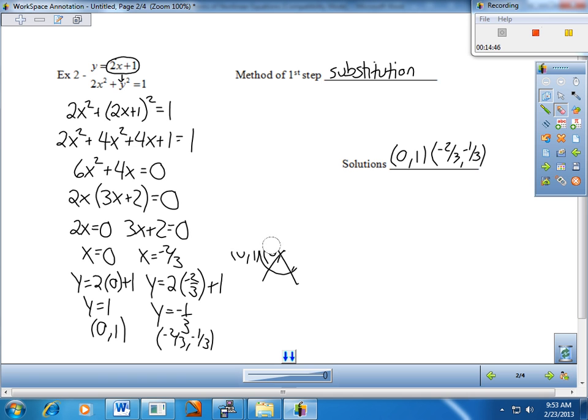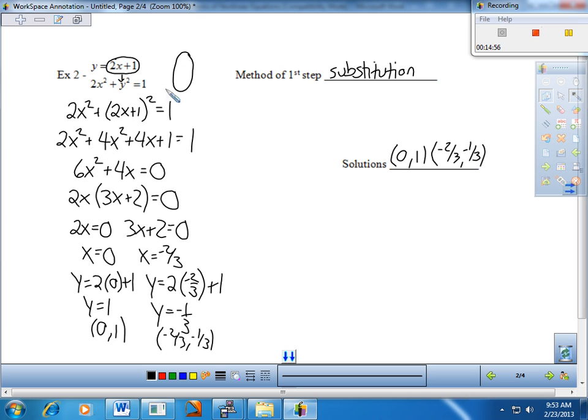Because you could do all your math correctly and get something that still doesn't work as part of the solution set. By the way, just in terms of this ellipse, graphically, I think it's something like, here's an ellipse, here's a line, 2 intersection points, something like that. I'm just kind of making stuff up on the spot there, but that would sort of be the case. 2 intersection points right there, so 2 ordered pairs.